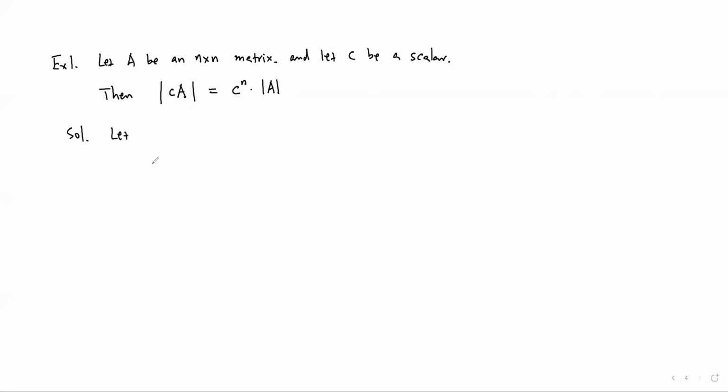Let matrix A be A11, A12, A1N. Second row, A21, A22, A2N, A31, A32, A3N, and so on.